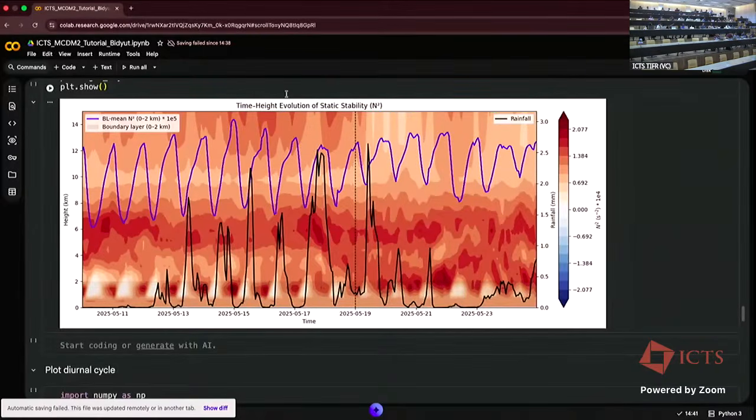I think the Brunt-Väisälä frequency is not defined in the negative. It is 0 for neutral. It is positive when the atmosphere is stable. When it is unstable, it is not defined, because your solutions become imaginary. So we will not see blue patches just by plotting.